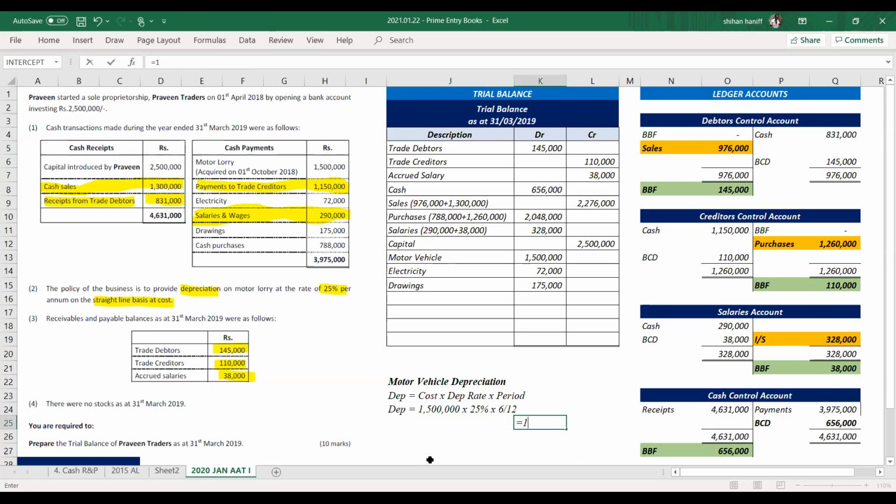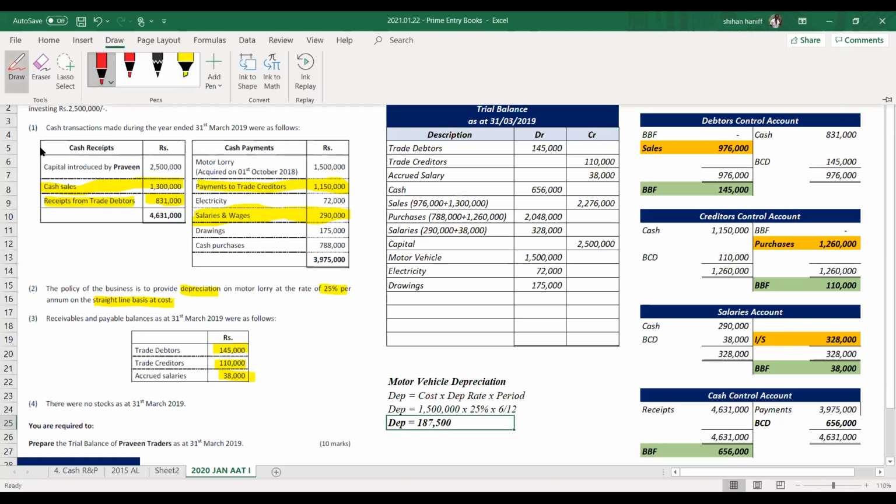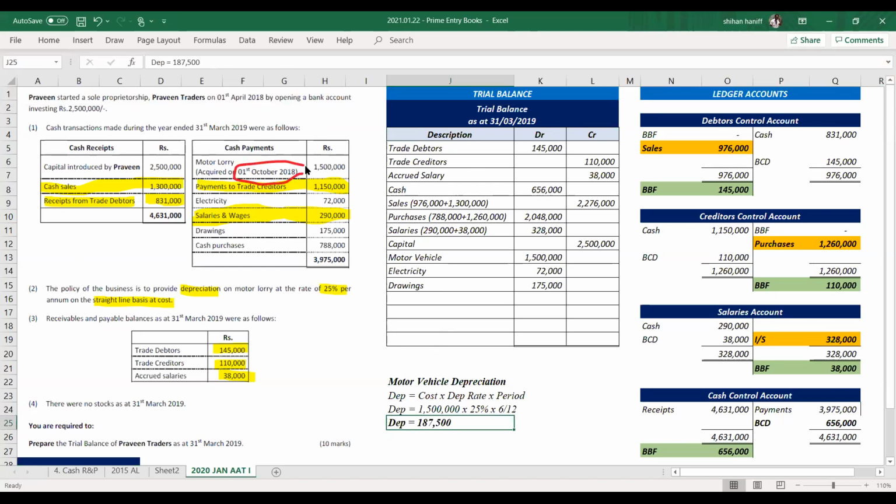So the answer is 1.5 million into 25% divided by 12 into 6. Depreciation is 187,500. How I found the month is: it was purchased on 1st of October 2018.